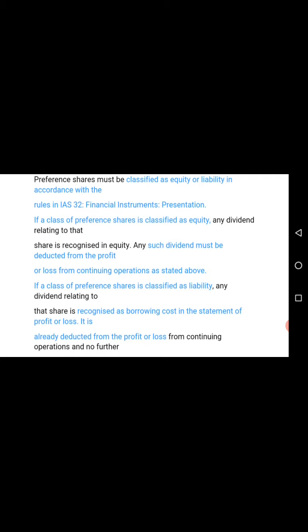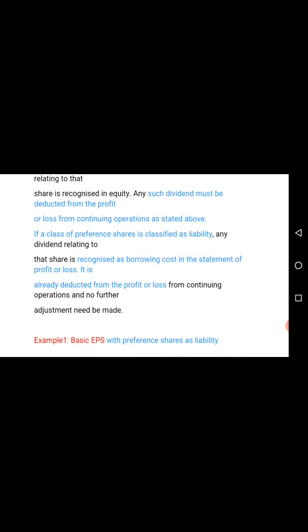It is the interest you pay for getting finance that is borrowing cost. So if preference shares is treated as a liability, a debt, any dividend paid to it should be treated as borrowing cost. If it is an equity, it should be deducted from the profit or loss from continuing operations as stated above.